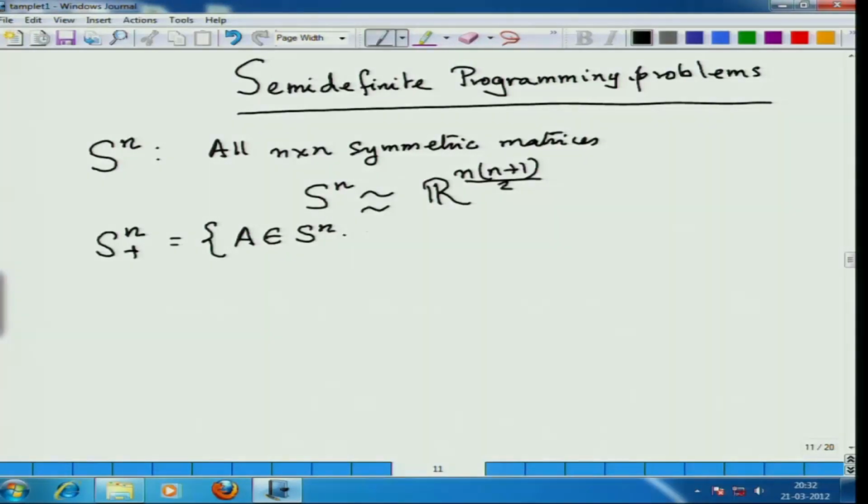So, A is an element of S^n such that A is a positive semi-definite, PSD, matrix. So, S^n_+ is the collection of positive semi-definite matrices. If A is positive semi-definite, it is often written like this. This is called the Loewner ordering.